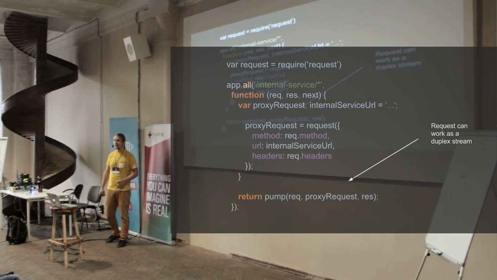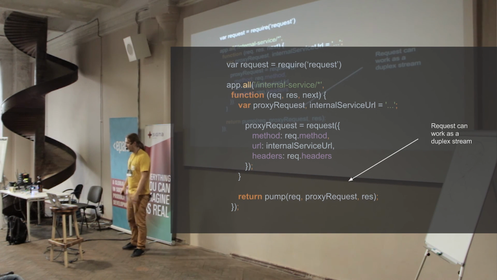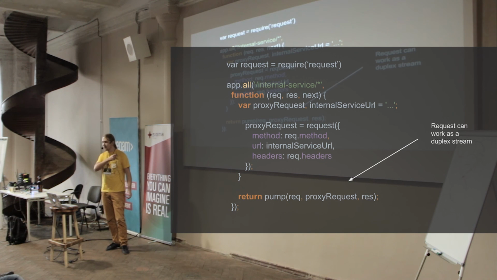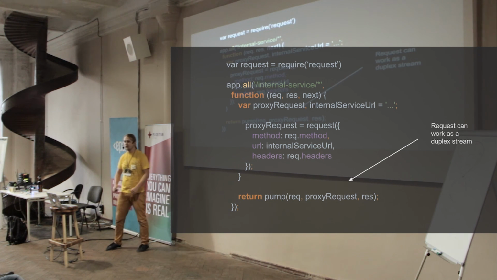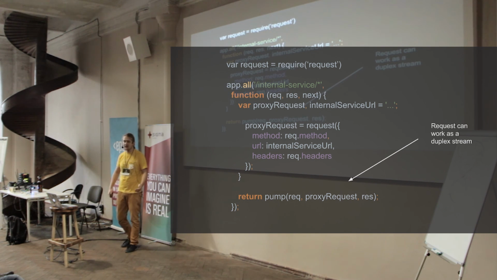But when you're writing a proxy server, for instance, if you want to proxy all requests from your main application to your microservices, it's better to use streams because they are fast. You remember this picture of memory consumption of our app, and it takes only 60 megabytes to handle all of that.